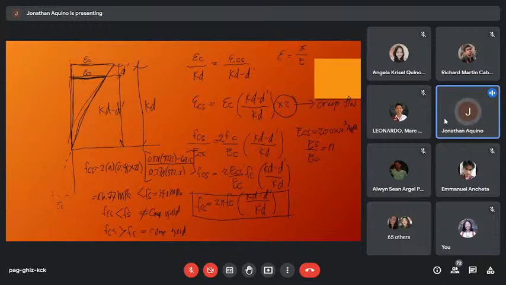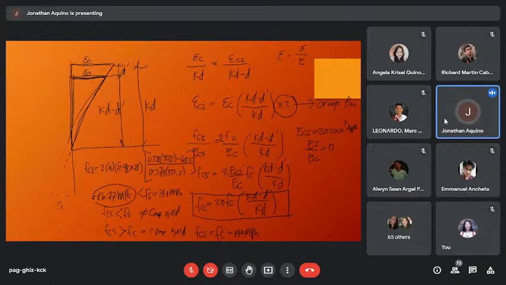So if your compression steel will not yield, use FCS computed. But if your FCS is yielding or FCS greater than Fs, use FCS equal to Fs equal to 140 megapascal.